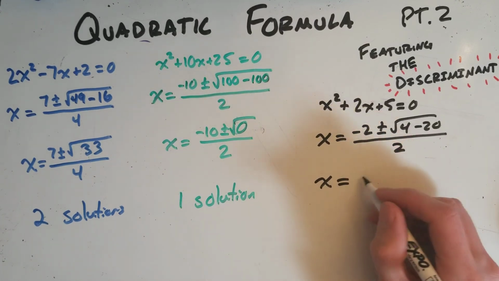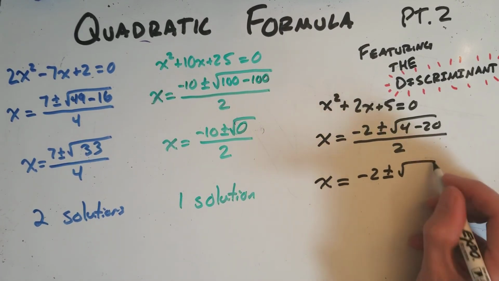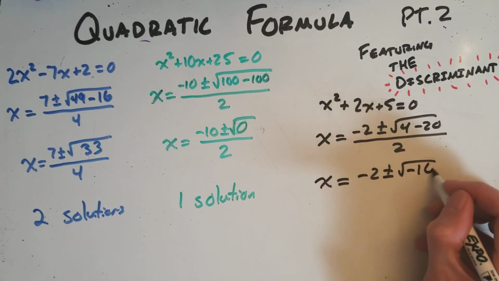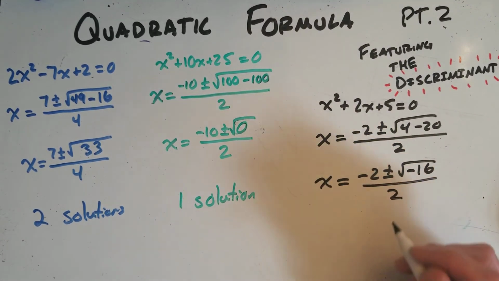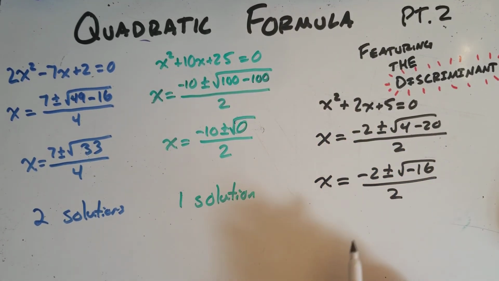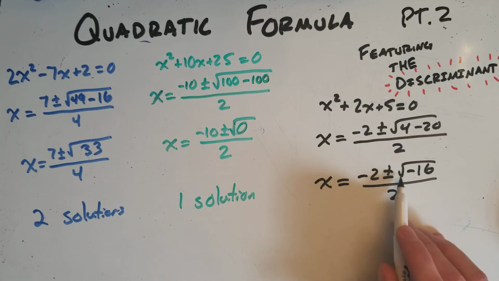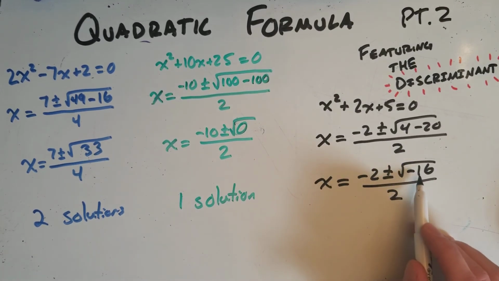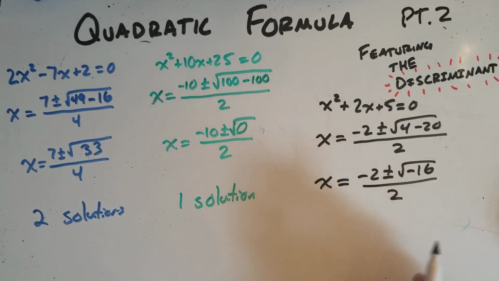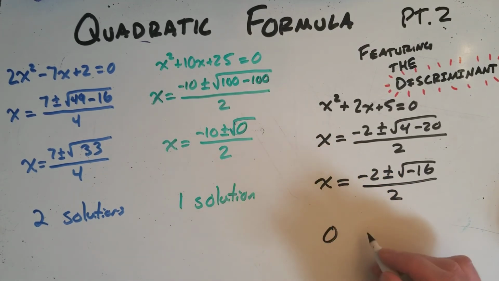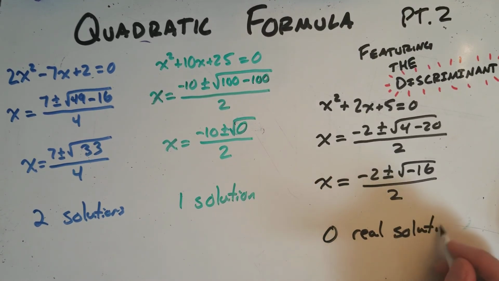So x equals negative 2 plus or minus the square root of 4 minus 20, which is negative 16, all over 2. And this one, negative 2 plus or minus the square root of negative 16, we're going to end up having 0, and I'm going to write the word real, solutions.